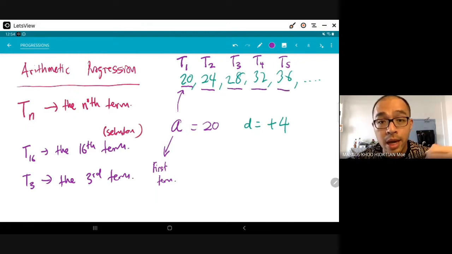And because this arithmetic progression can continue indefinitely, we can determine any term we like using this formula. Take a look.